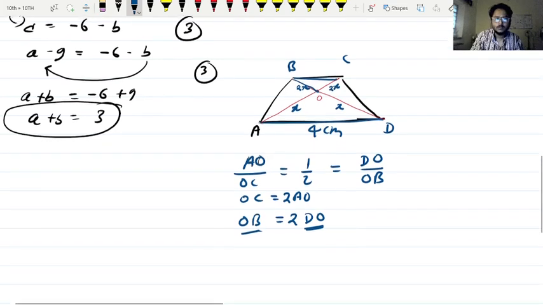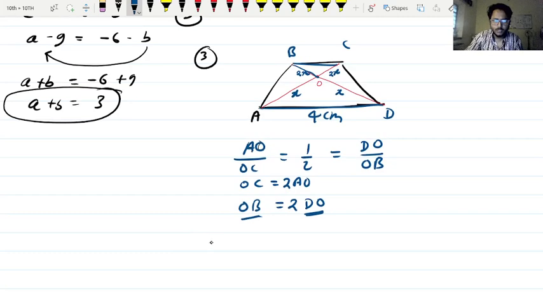Okay, so now we have two triangles. First is OBC and second is triangle OAD. We can see that two sides are in a common ratio, x upon 2x and x upon 2x, and one angle is common, the vertically opposite angle.